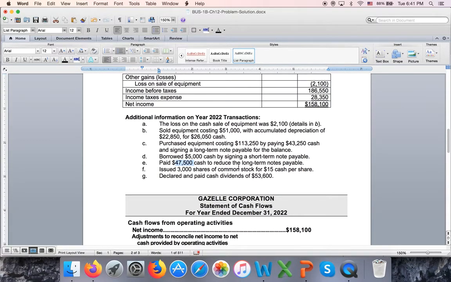We also paid some cash dividends right here. So that's cash outflow. And we issued shares of common stock. So we're going to take 3,000 shares multiplied by $15. So we're going to get $45,000 cash inflow.